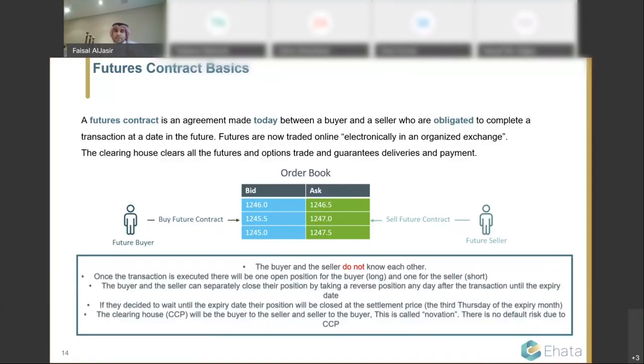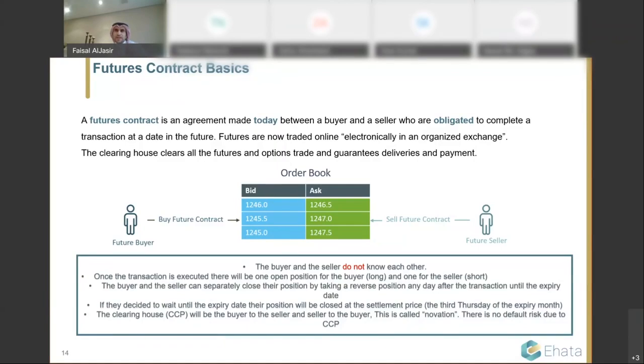And a seller would be short. So when will he benefit? He would be making money if prices go down. So the concept here is that long is a buyer, and short is a seller.